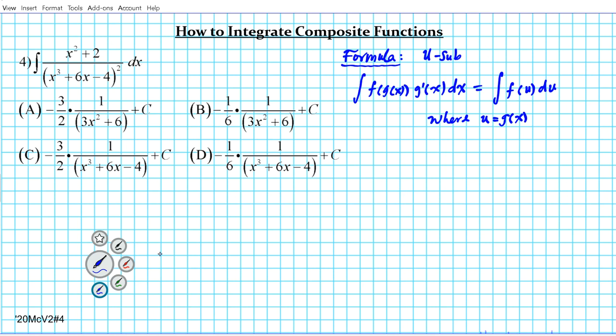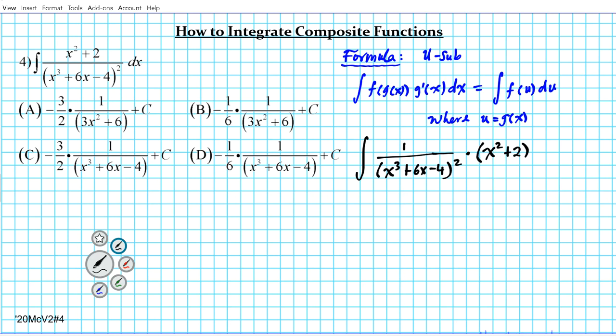To help you see the power of it, let's apply it to this problem. First things first, I'm going to separate the composite function and the other function. Let's write down the composite function first, 1 over x to the third plus 6x minus 4, squared. And then the other function is x squared plus 2.